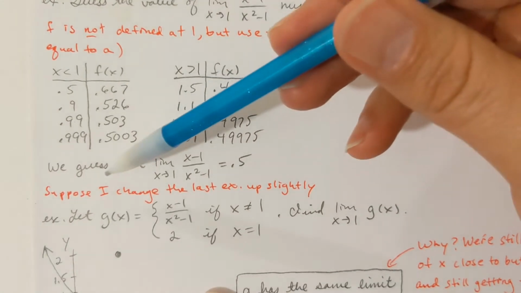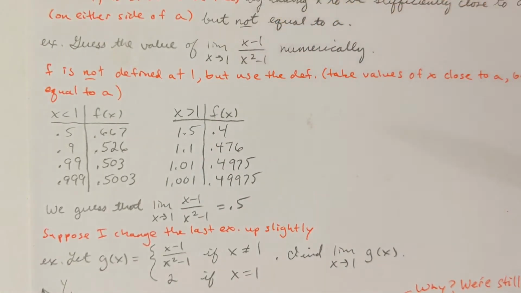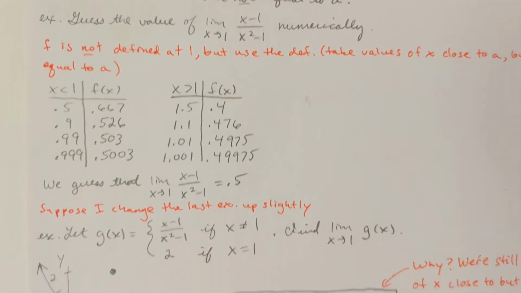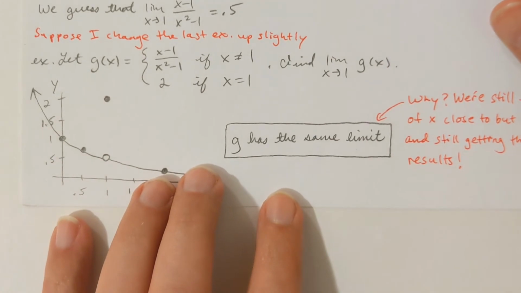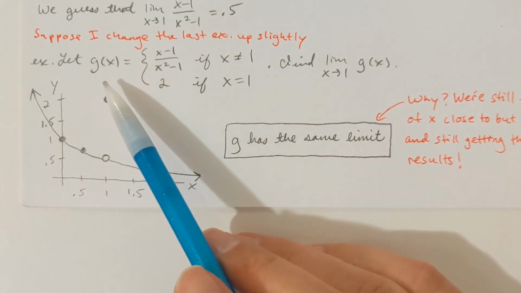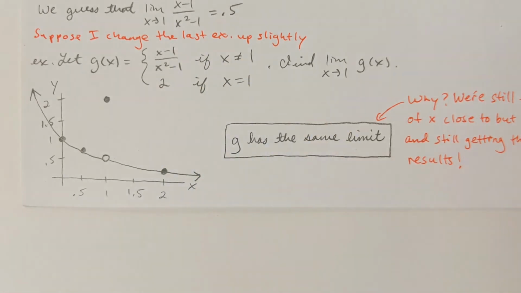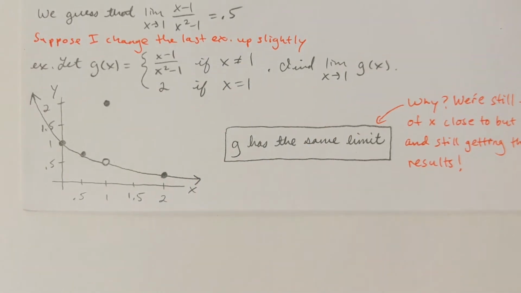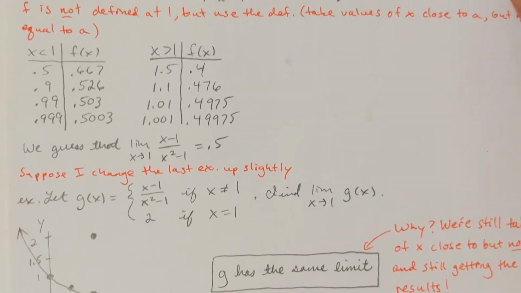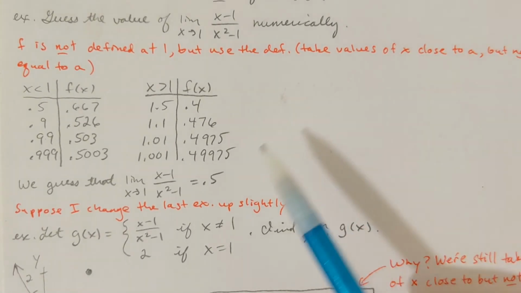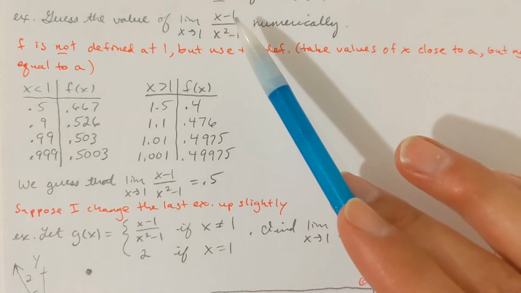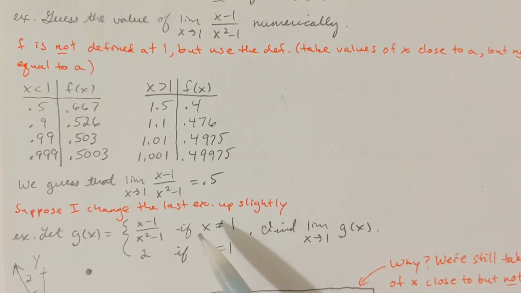Now, suppose that I change this last example up slightly. Let's look at another one here. In this next example, let g of x be equal to a piecewise function. For piece 1, I'm going to use x minus 1 over x squared minus 1. Now that's what I had here. And we're going to use piece 1 if x is not 1.